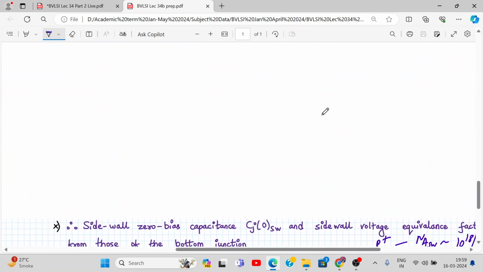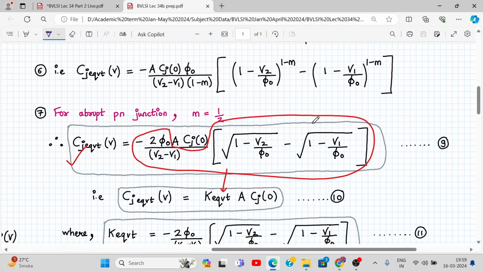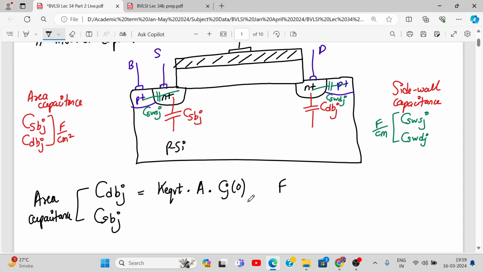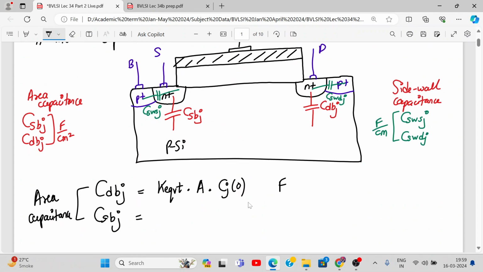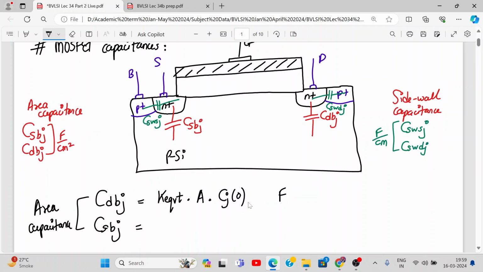So this will be given by, we have written that, right? Here it is: K equivalent A into Cj0. Now this is the drain to substrate junction capacitance. What about the source to substrate junction capacitance? I told you, the source region is remaining quiet, the voltages there are not changing much. So what will it be given by?